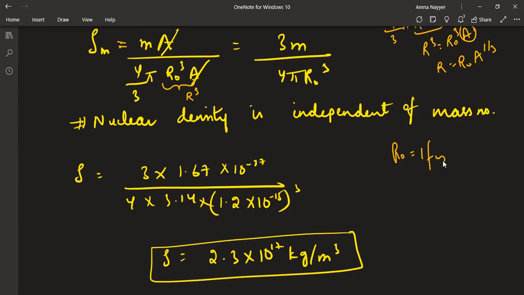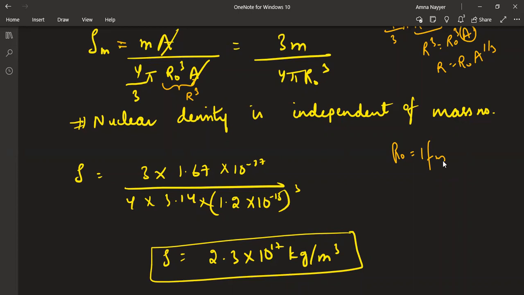Had it been depending, we would have taken that element's mass number or atomic number. But no element is involved here. So nuclear density is independent of both mass number and atomic number. For all the elements, this is a constant value, 2.3 into 10 to the power 17.